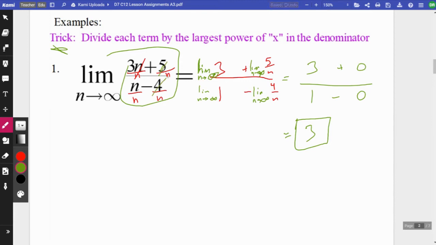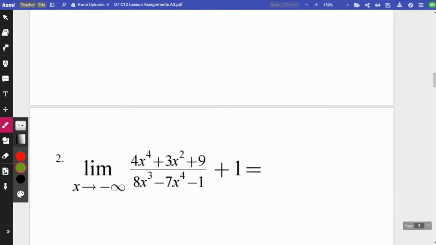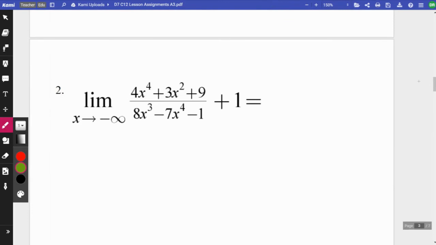We're talking about really big numbers. Adding 5 or subtracting 4 doesn't matter. The only difference between the top and bottom in this problem is that one of them is multiplied by 3 and the other one's multiplied by 1. So you plug in a really big number, and you just get times 3. So 3.